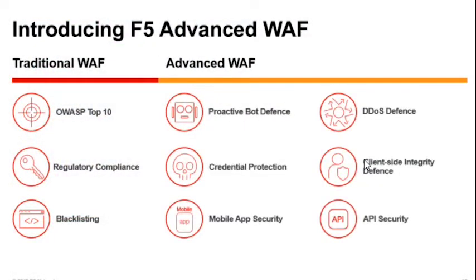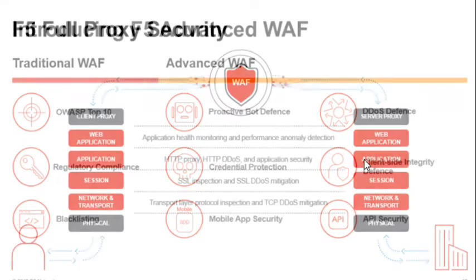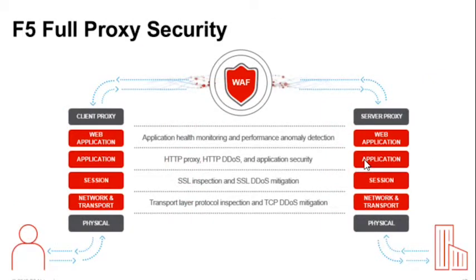So if we look at what F5 is doing in this space now, as I mentioned earlier, just to set the scene, we've got this full proxy architecture. I've got my users connecting in from the left. That's going through the OSI stack, and then, of course, the OSI stack back down into the server environment.